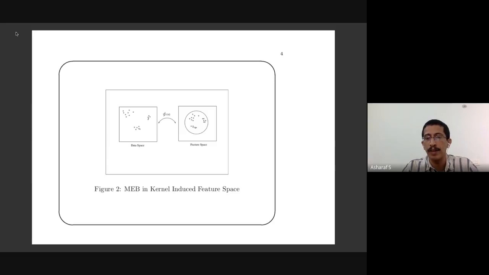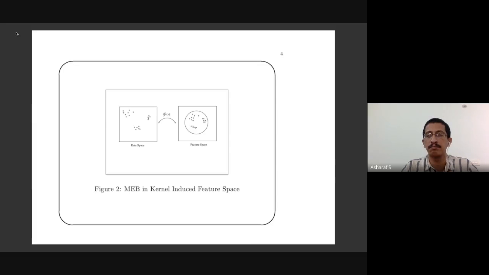So we have heard of the concept of a kernel-induced feature space or a high-dimensional feature space, which is essentially the reproducing kernel Hilbert space in the case of support vector machines. The natural question is, we have got data represented in some data space or an input space, and if we assume that there is a mapping phi from the input space, the xi vectors, to a high-dimensional feature space, can we learn such a sphere in the feature space?